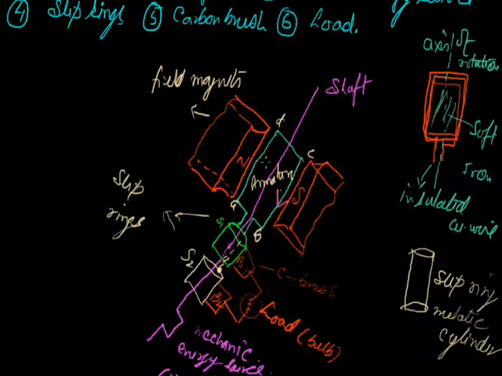The magnet is rotated in this direction. It means in the side BC, current will flow from C to B, and inside AD it will flow from A to D. It means this brush B1 becomes positive and this will be negative. Current will flow in this direction.